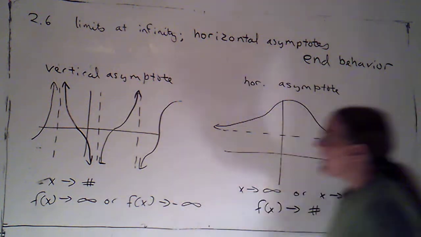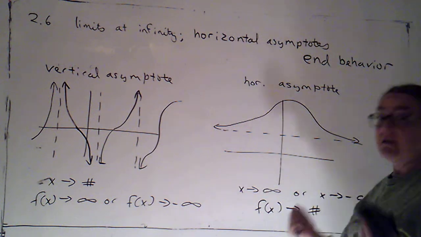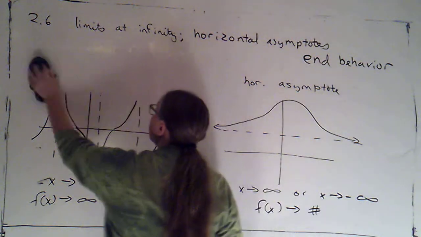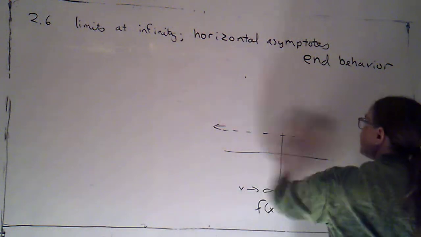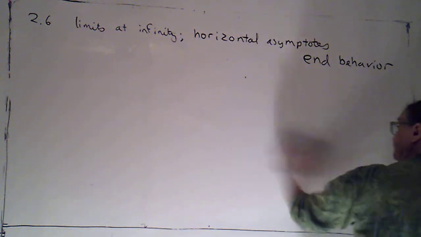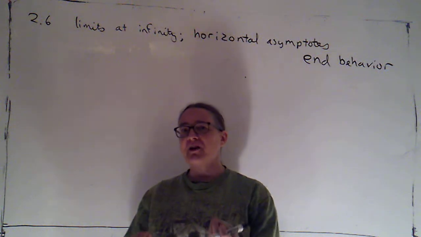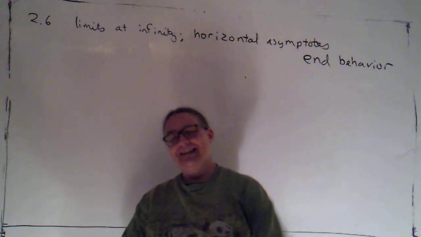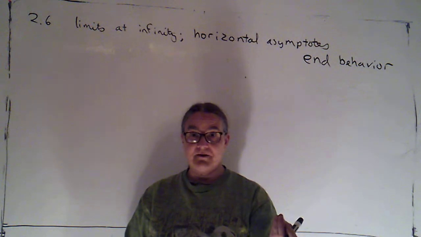And then, of course, if both x and y are approaching numbers, or if they're both approaching plus or minus infinity, then I don't have an asymptote at all. So I'm only going to have an asymptote if one variable is approaching something finite and the other variable is approaching something infinite. Okay.